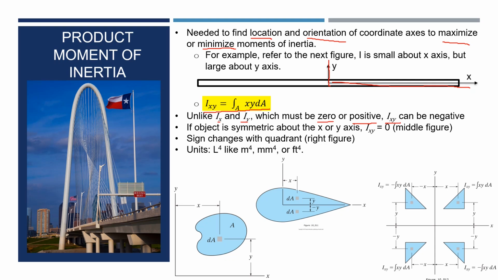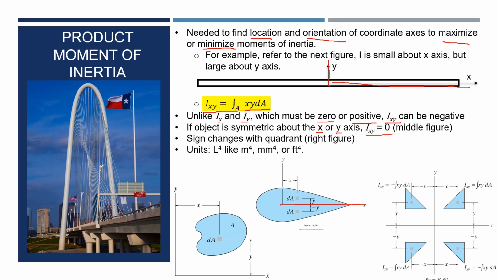Ixy can be negative because x could be positive, y could be negative. If the object is symmetric, and here's an example right here, this guy here, and I just drew the symmetry axis. If it's symmetric about either axes, then the product moment of inertia is zero.